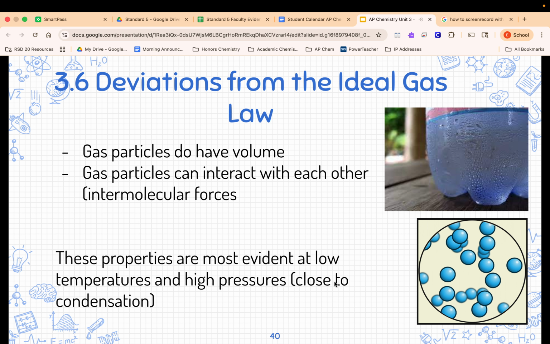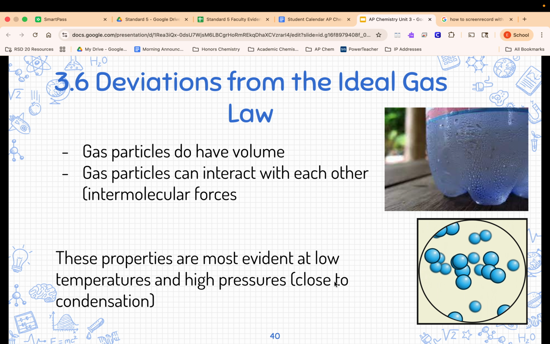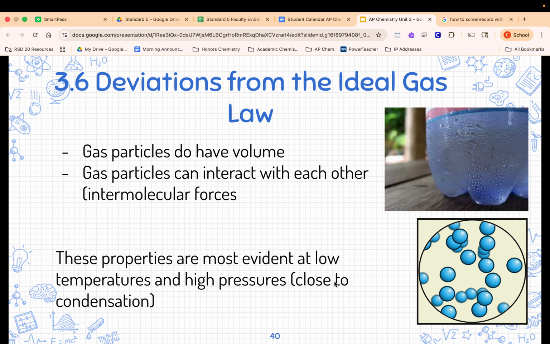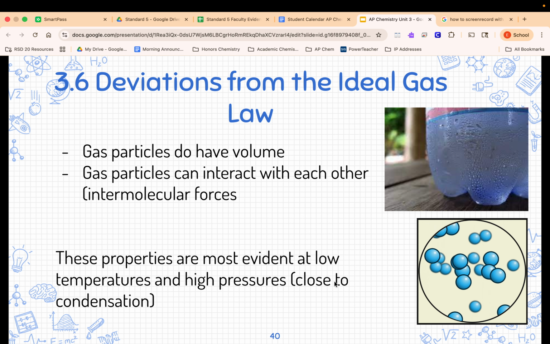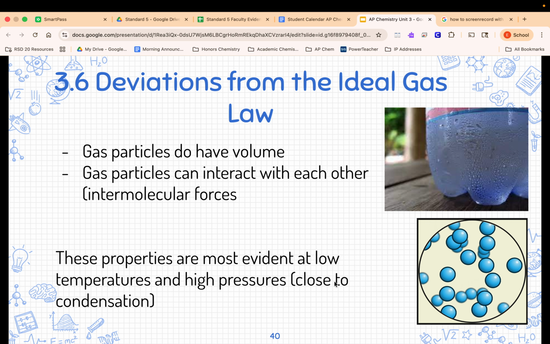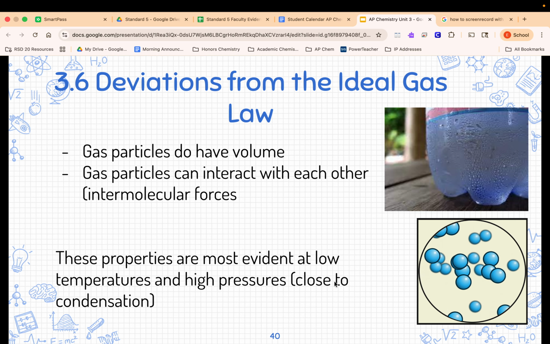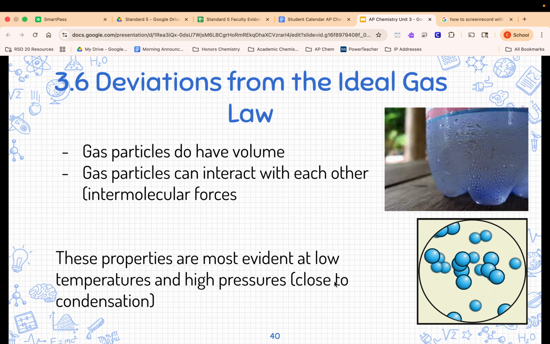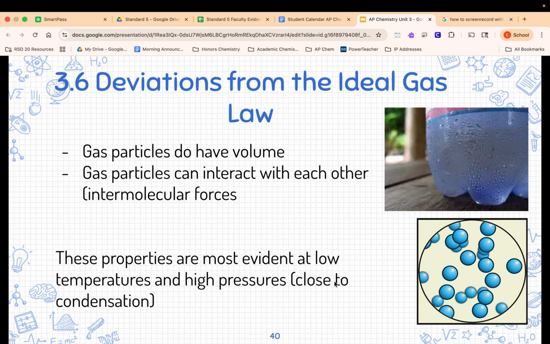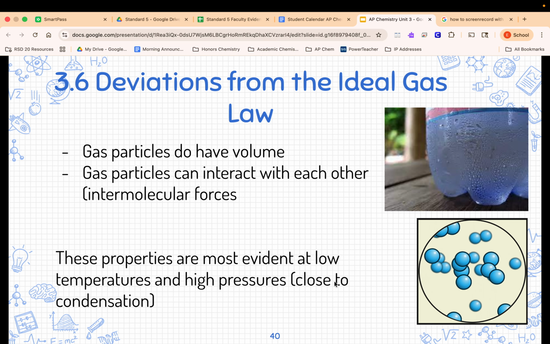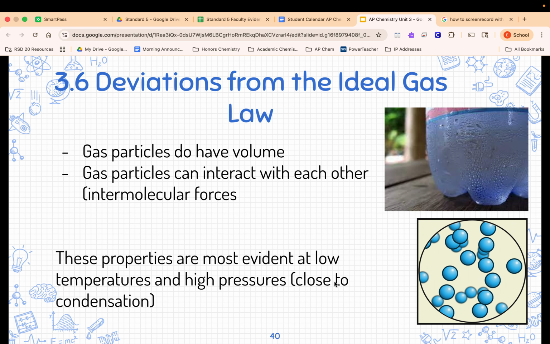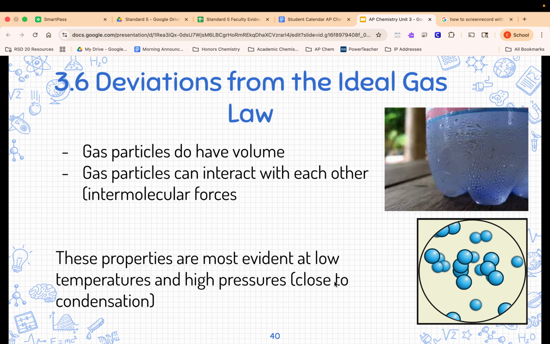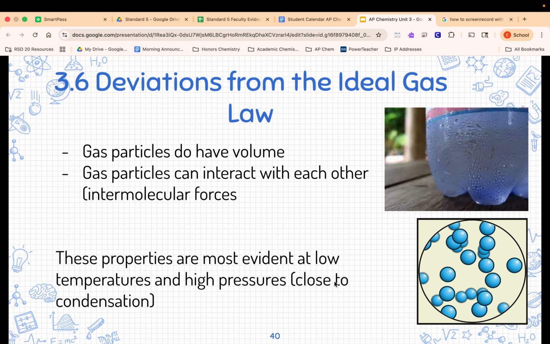Before I move on to talking about a special type of problem, I want to talk about deviations from the ideal gas law. So ideal gases are not real. Things that we eliminate when we're talking about the kinetic molecular theory are that gas particles do have volume, and gas particles can interact with each other through their intermolecular forces.